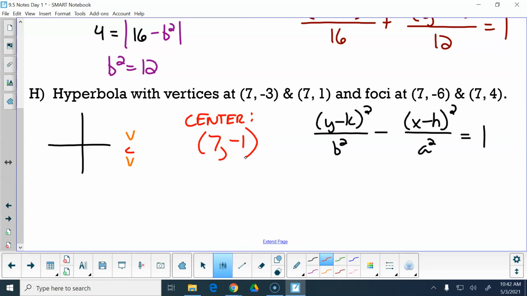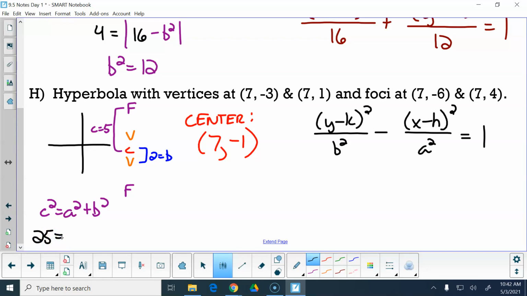That would also tell me this distance here would be 2, and that would be B. My foci are going to be here and here, and this distance here to the upper one is 4, so that's going to be 5. So C here is going to be 5. The equation for this one is C squared equals A squared plus B squared. If C is 5, that means that C squared is 25.